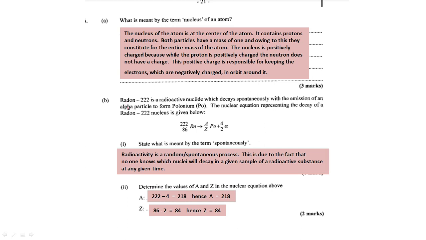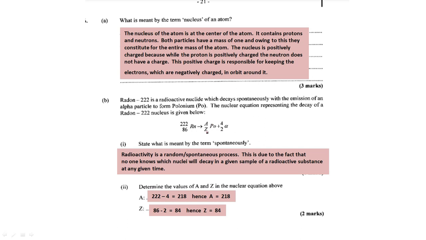Then it says radon 222 is a radioactive nuclide which decays spontaneously with the emission of an alpha particle to form polonium, Po. The nuclear equation representing the decay of a radon 222 nucleus is given below. We see we get Po, and now they want us to calculate A and Z, given that an alpha particle came off. Some of you might not know how to do these equations. It's very easy.